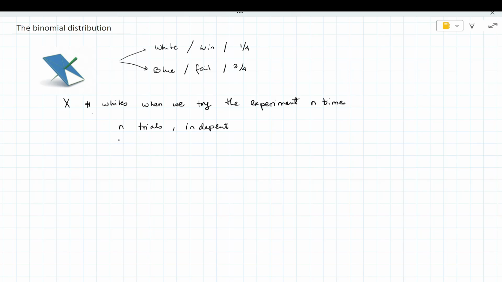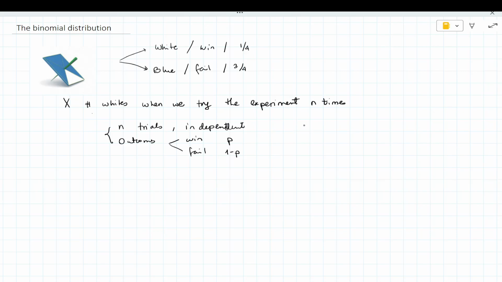Each time that we repeat the experiment, there are two possible outcomes. Either we win with probability p, or we don't win, we fail with probability 1 minus p. And this probability p and the probability 1 minus p are independent of which one of the trials we are considering. So this is the same through the whole experiment.